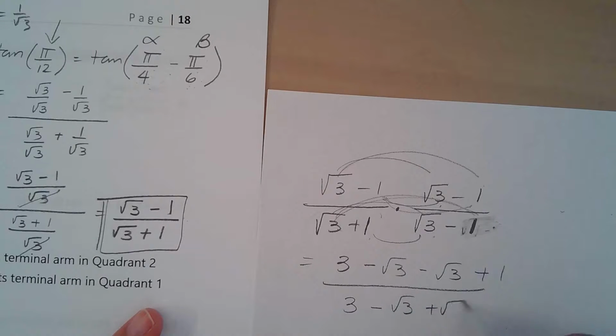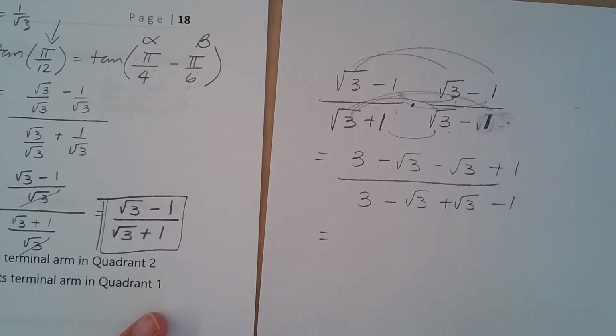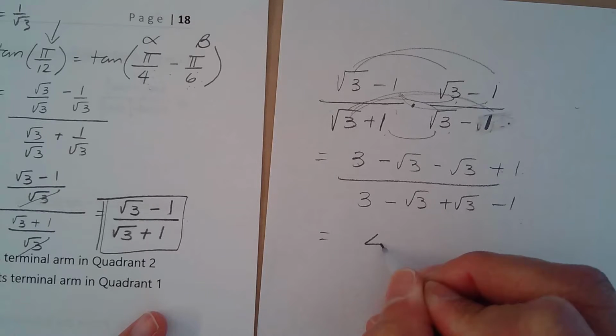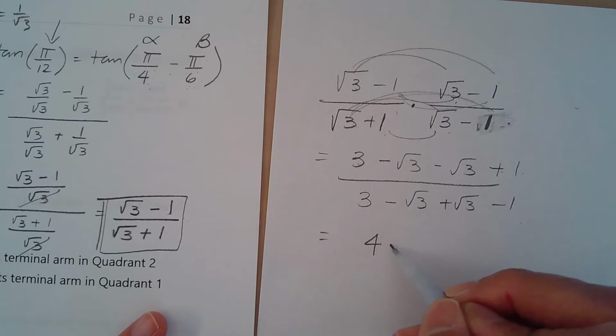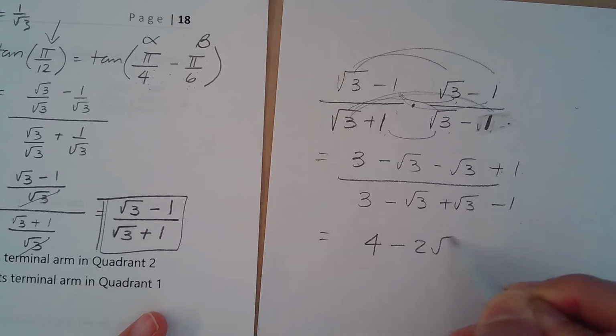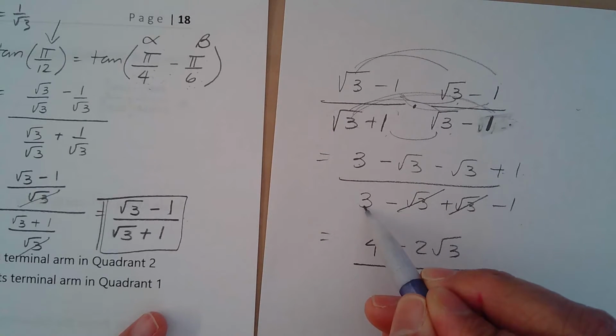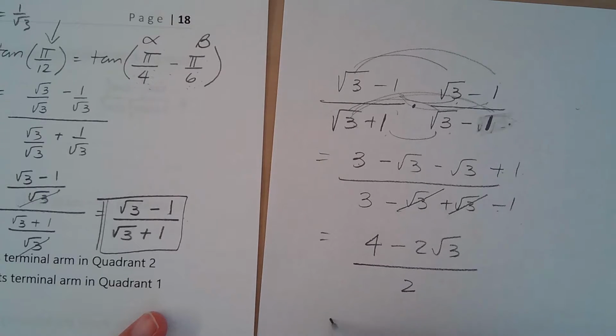This is going to be positive root of 3, negative 1. So if we simplify, 3 plus 1 is 4 minus 2 root 3. This cancels. 3 minus 1 is 2.